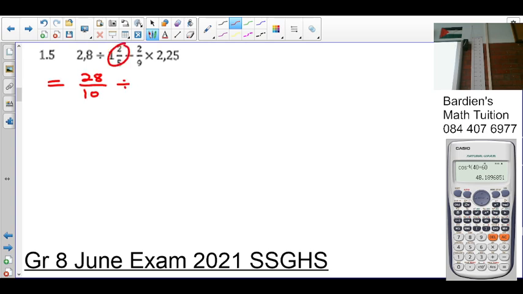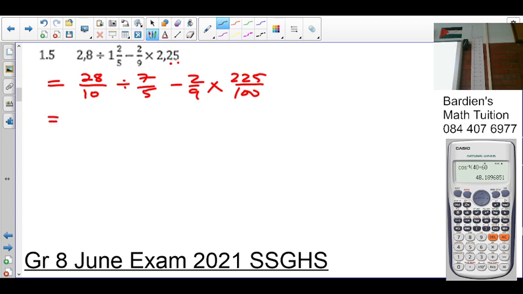What I'm doing is changing all my decimal fractions into mixed fractions or improper fractions, and all the mixed fractions I will also turn into improper fractions. So 1 and 2 over 5 can be written as 7 over 5 minus 2 over 9 times 225 over 100, since there are 2 digits after the comma.